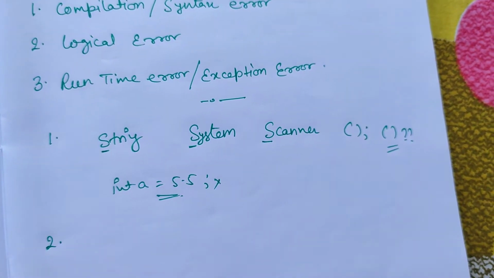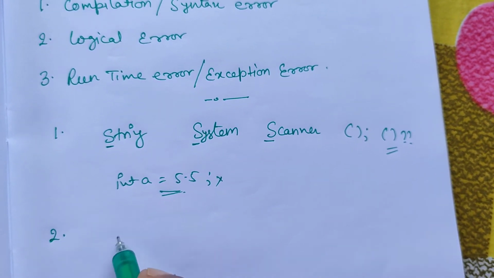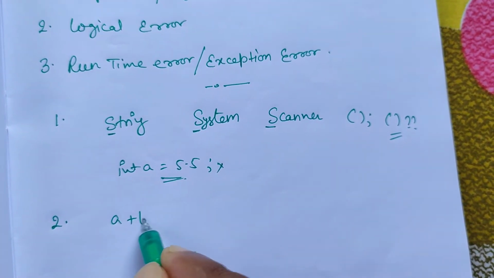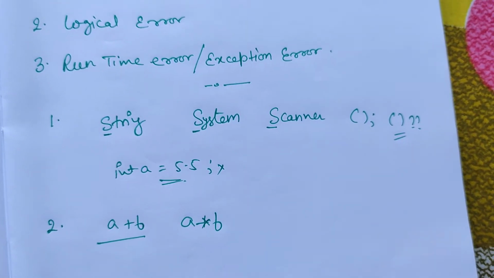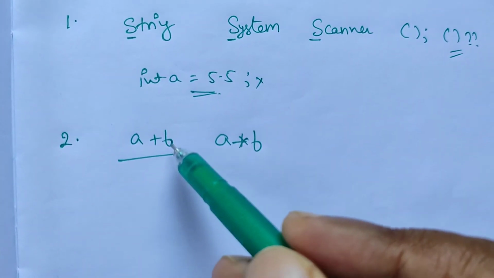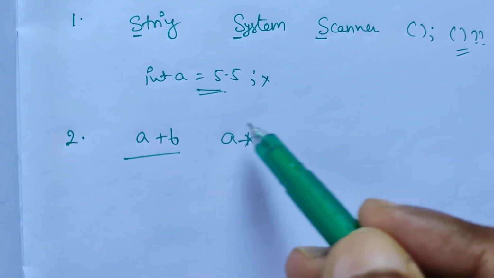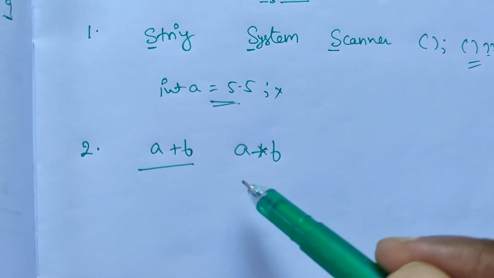Second, logical error. What is a logical error? In a logical error, suppose you want to add two numbers, a plus b, but instead of this you have given a into b. You want plus, but you have written multiplication. What will happen? The answer will come differently. That is called a logical error.